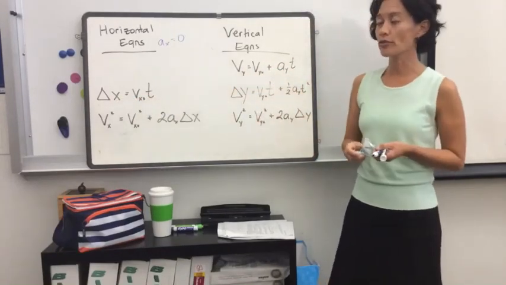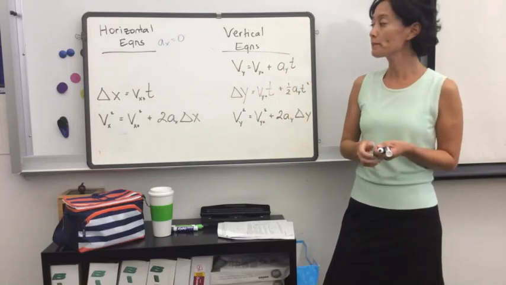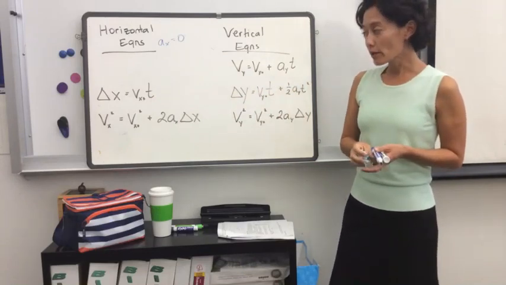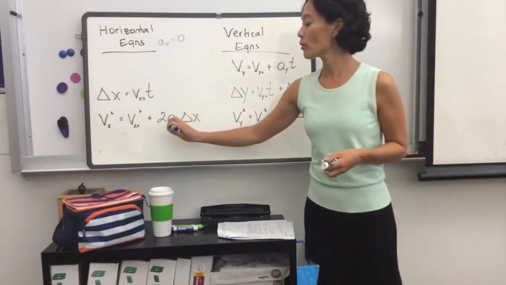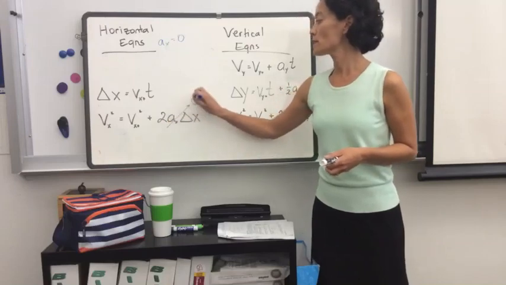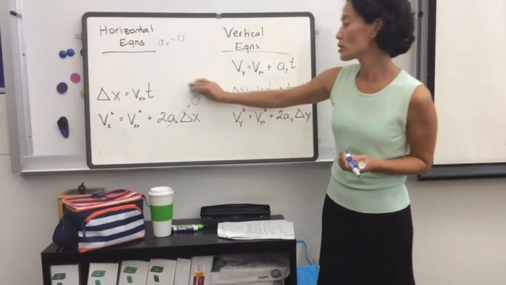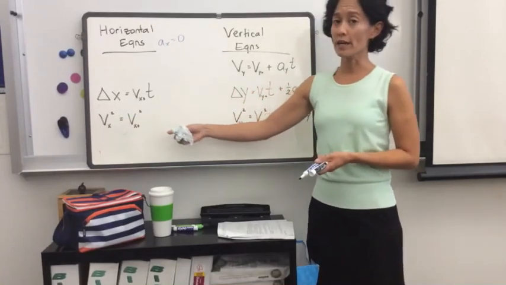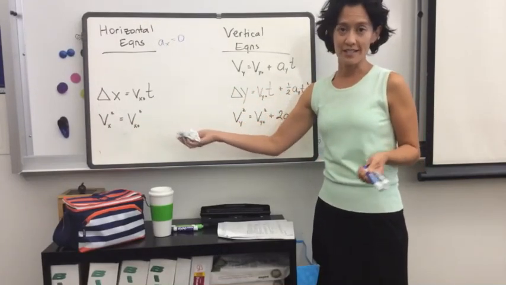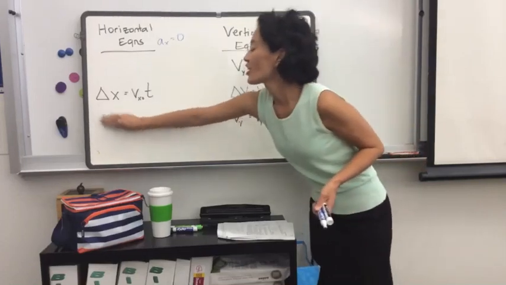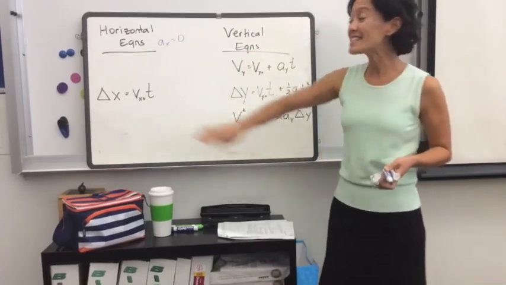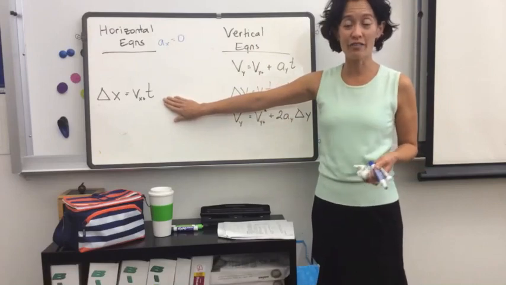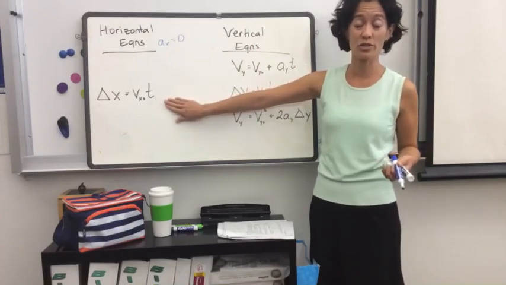Well, that is pretty straightforward. That's distance equals rate times time. And in the last equation, again, if acceleration in the x direction is 0, this term goes away, which means that my x velocity squared is equal to my x velocity squared, and again, that's nothing new. So our x equations really do simplify, and this is the only x equation you have for projectile motion. This is the one we should write down for horizontal.